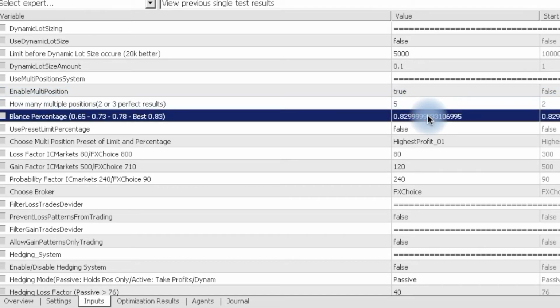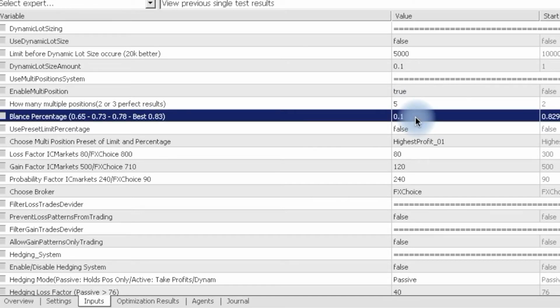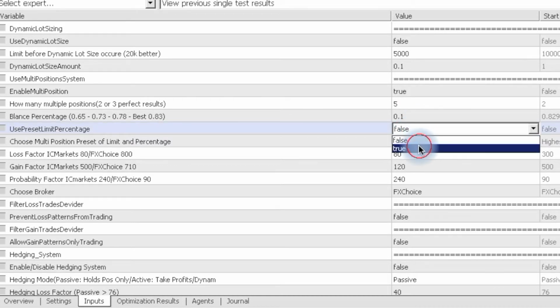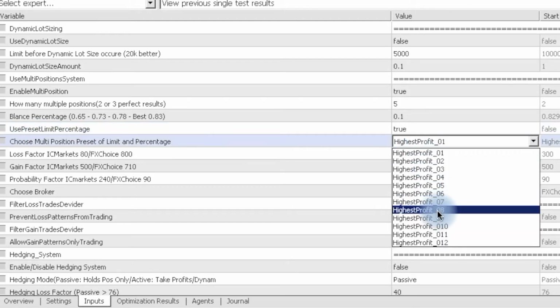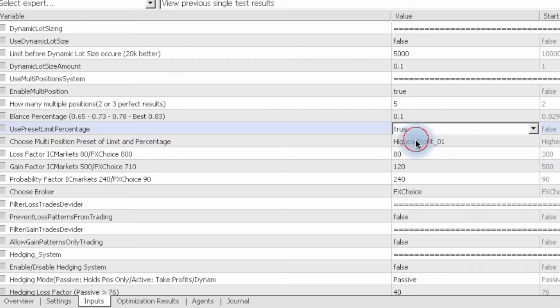Now I can also use with it a percentage of my balance. Also I can use a percentage preset. I can use a preset for the lot size based on a percentage of my balance. If I want, I can use presets. I have many presets here, about 12 of them, or I can use my own.